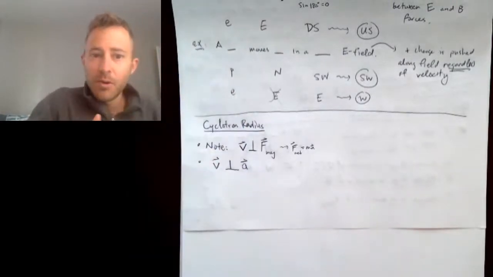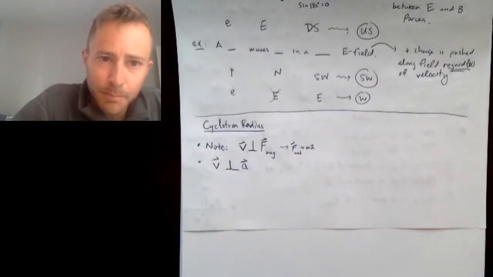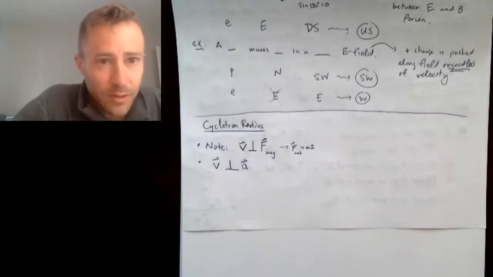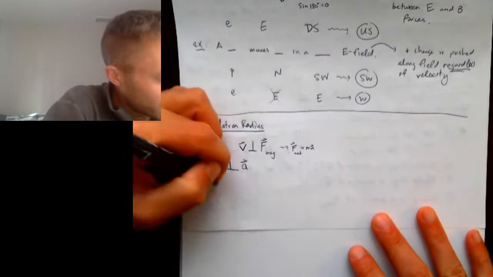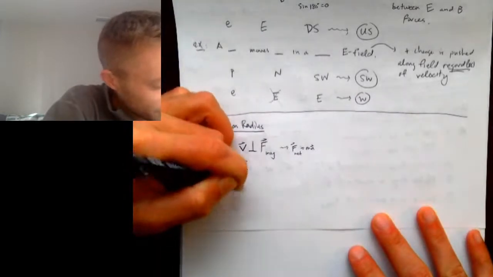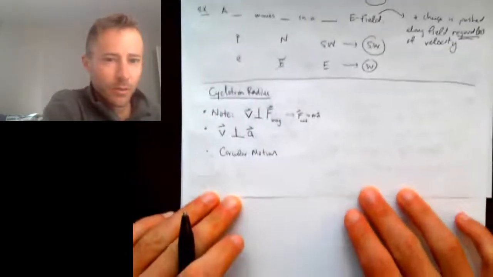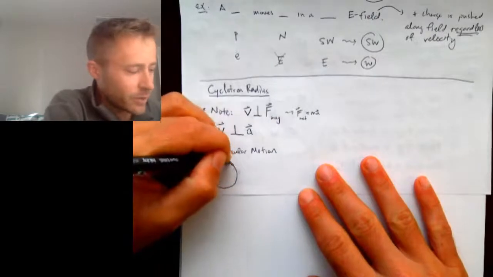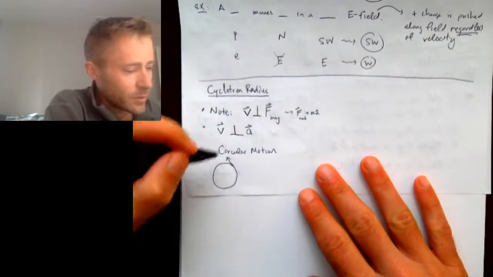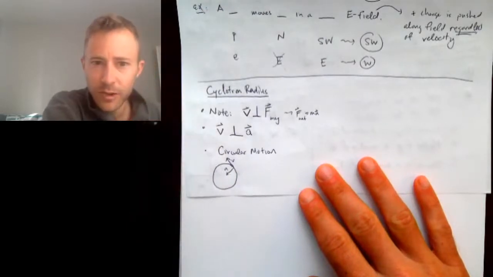Now, if you remember, there was a certain situation where the velocity and the acceleration were perpendicular to each other, and that was circular motion. Okay, so for circular motion, the velocity was tangent to the circle and the acceleration was in towards the center.